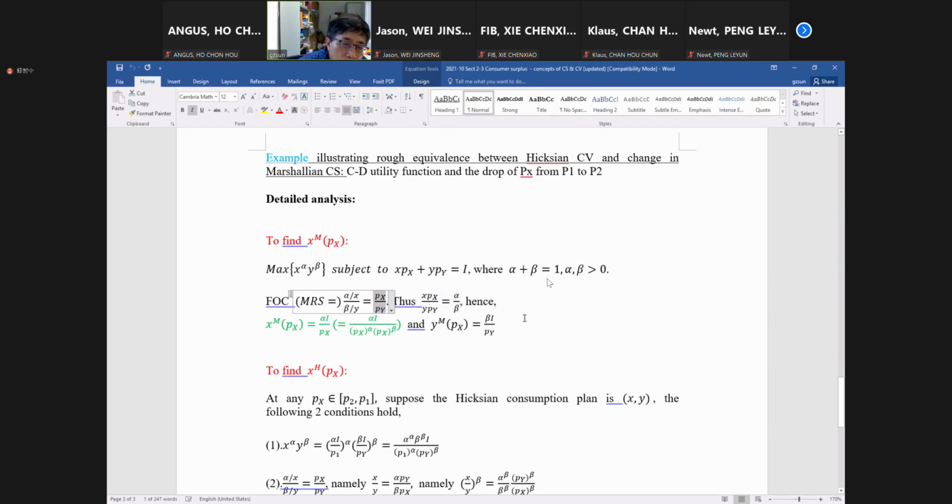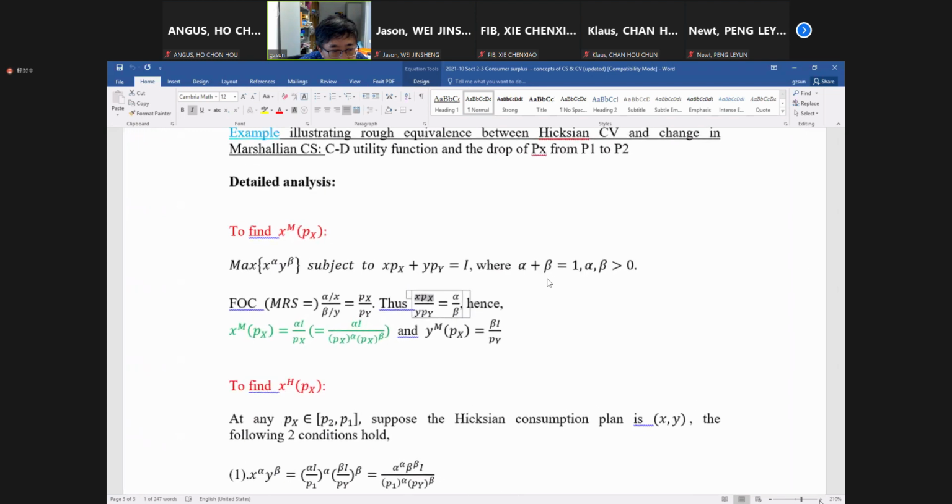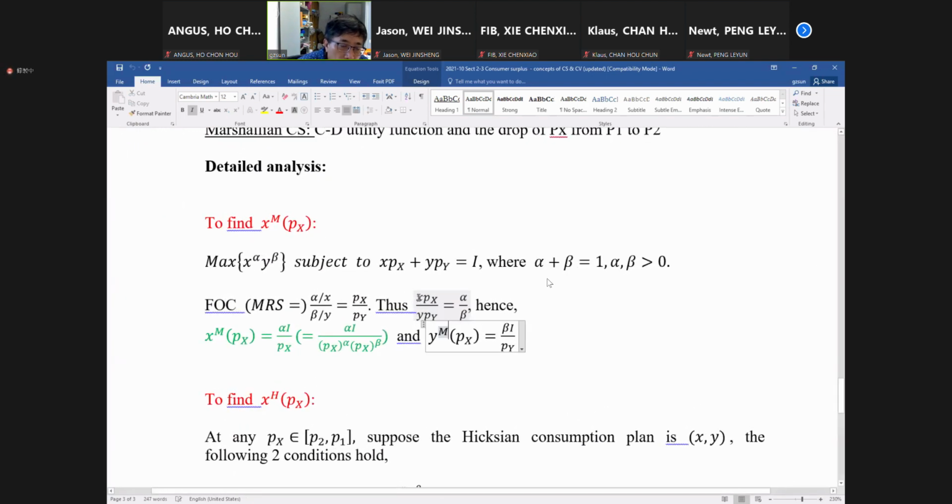Mathematically it's easy to move forward, but economically the smart way is to look at the problem from an economic perspective. What's the meaning of this?